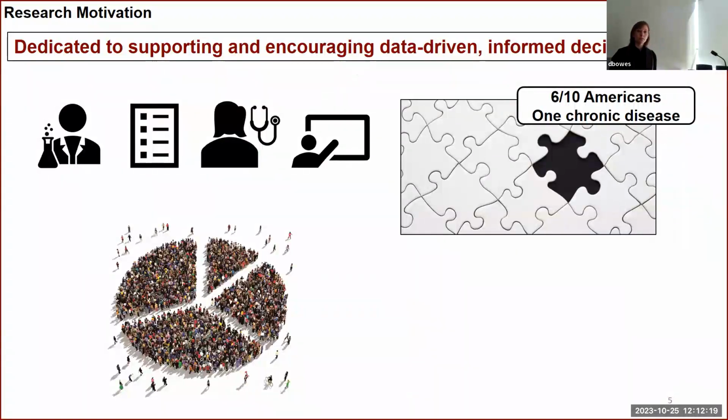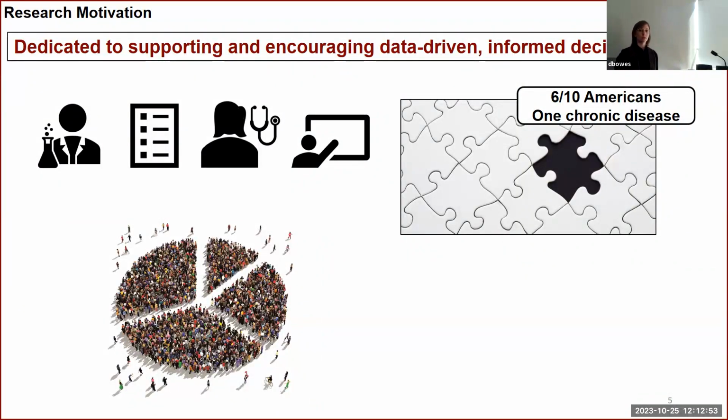So ultimately, what I'm getting at is in public health research, overall, we are doing a lot to understand the basis of the problem, but we might not have all the pieces to the puzzle that we need in order to get ahead of it. And all the while, we're left with gaps in knowledge. And within those gaps, we know that there are select populations who are disproportionately impacted by these gaps in our information. 6 out of 10 Americans are currently suffering from at least one chronic disease. 4 out of 10 have at least 2.